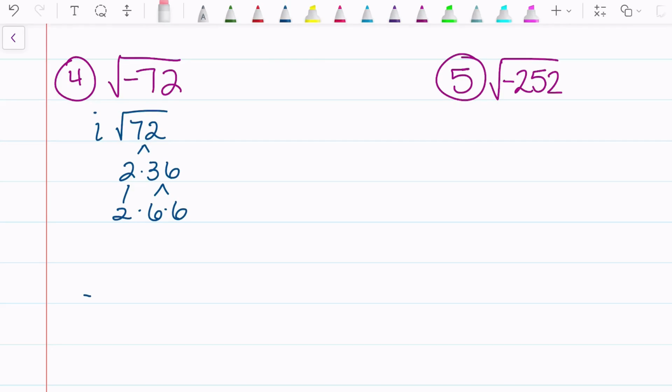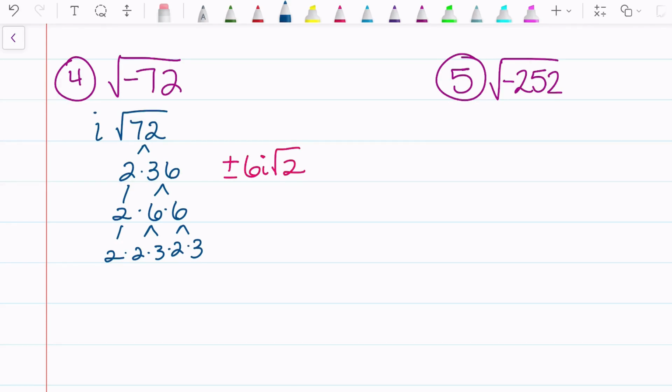Now, I'm going to show you what would happen if you didn't notice that that was already a pair of numbers. So you could stop right here and write this as positive or -6i square root 2. You could, but I'm going to show you how it ends up being the same. So I'm going to keep breaking it down until all my numbers are prime. This is a 2, this is 2 times 3, this is another 2 times 3, and if I multiply 2 times 2 times 3 times 2 times 3, I end up with the 72 that I started with.